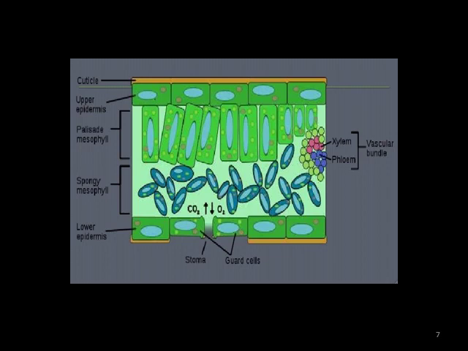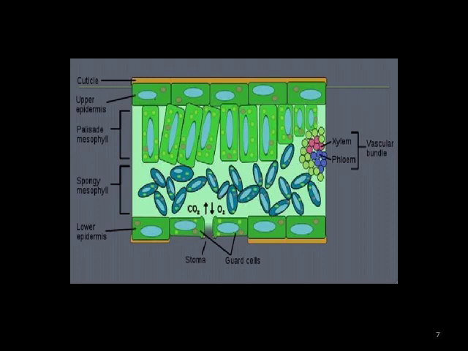In this slide, you can see the two layers of epidermis, upper epidermis and lower epidermis. Here the cuticle layer is present on the upper epidermis, while on the lower epidermis, stomata are present which contain two guard cells. These guard cells are used for gaseous exchange.